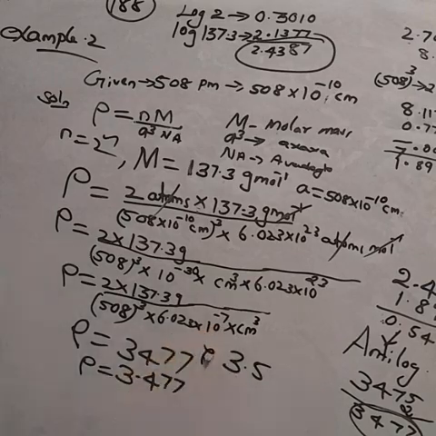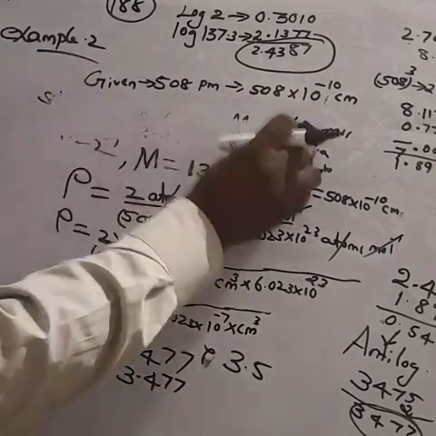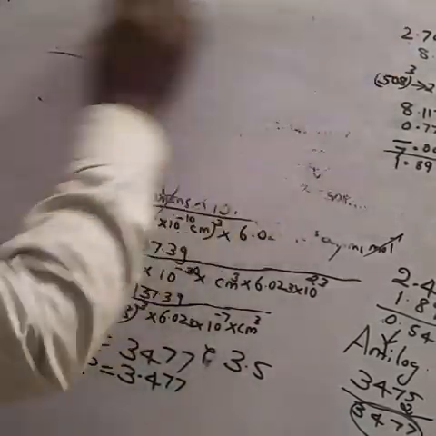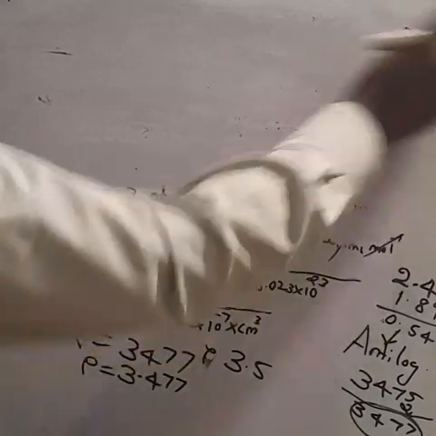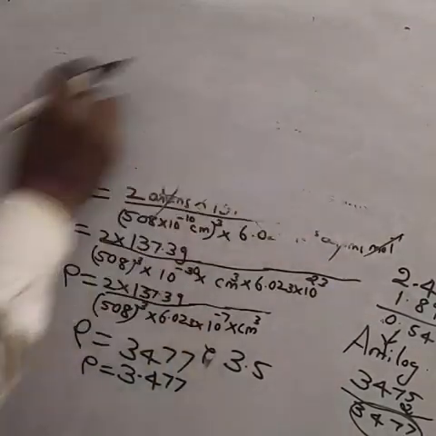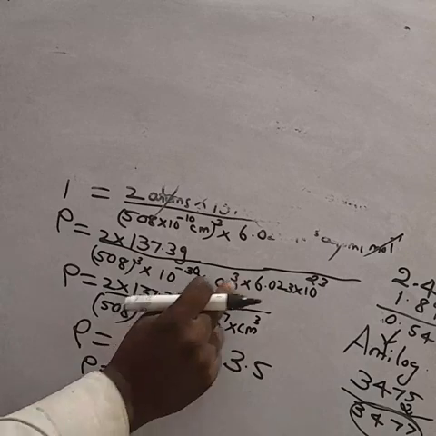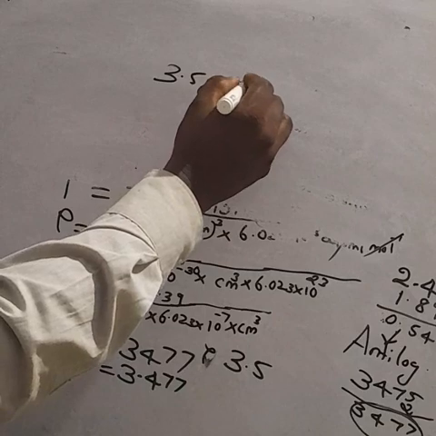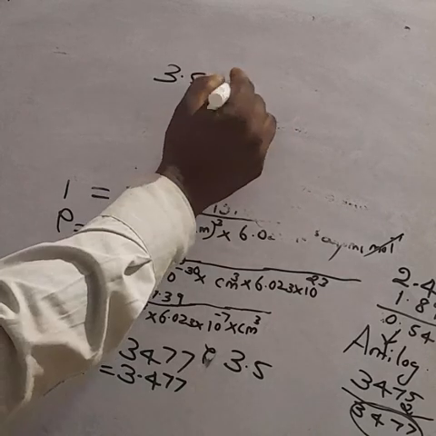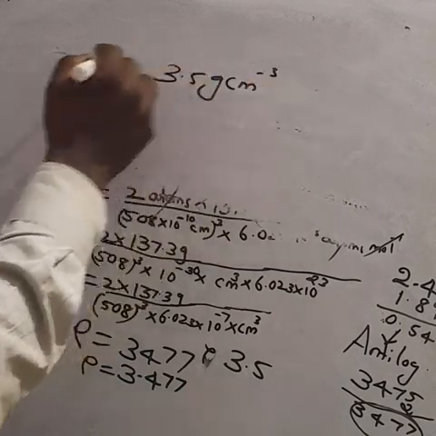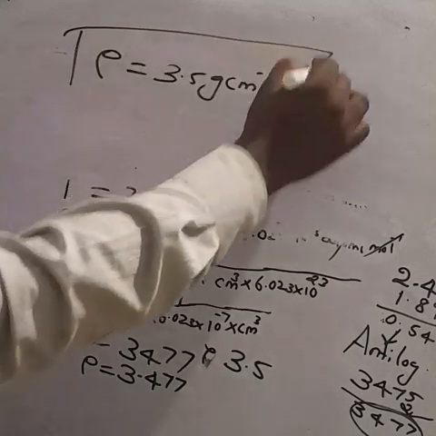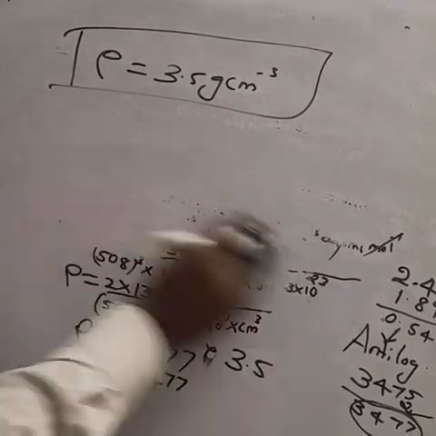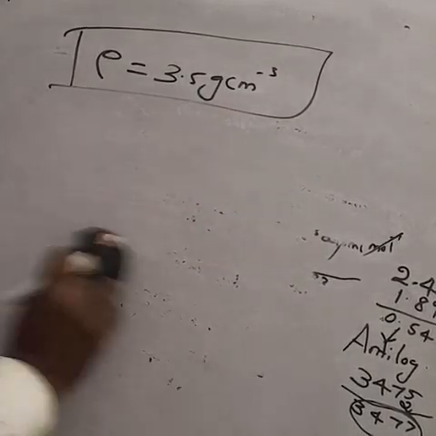So here also, in our previous calculation, after cancelling the atoms and mole inverse, we get the answer in gram centimeter. Am I right? As per the question, what is the density of barium in gram centimeter minus 3? So we found that the density of barium is 3.5 gram centimeter minus 3. This is the answer. Okay.